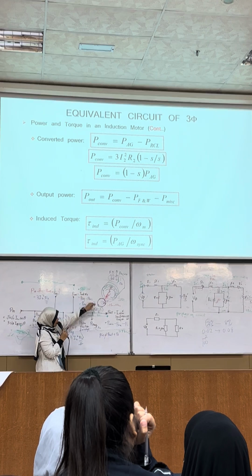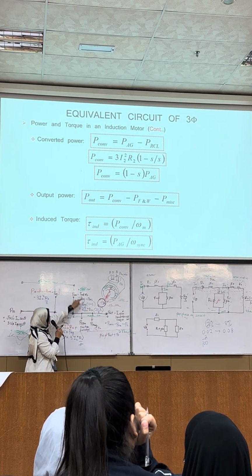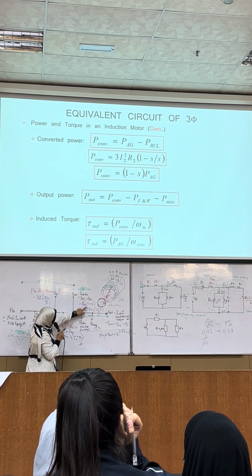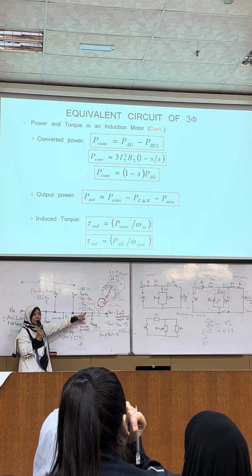Okay, but when you measure your output, it's only 25. So what can you do to increase the converted power to 28? It's by looking at the slip and the current.